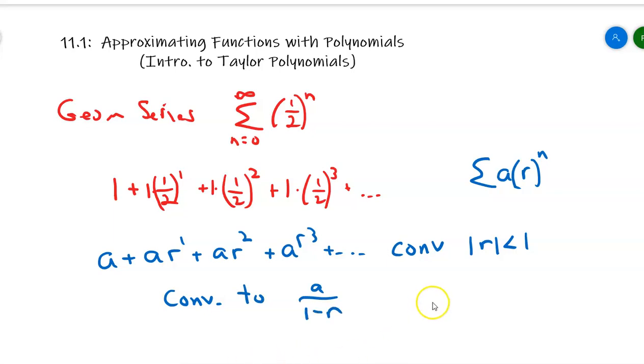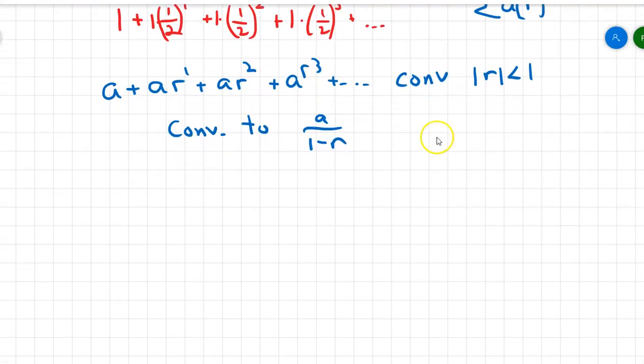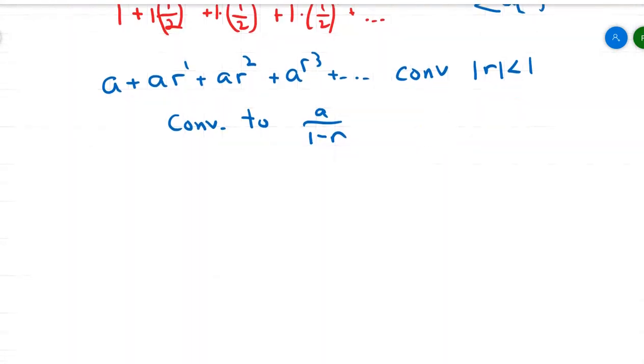All right, let's take this idea and kick it up a level. And that is, I'm going to come along here and I'm going to replace all my r's with x's. And I'm going to let a equal 1. All right, so now using this formula up here, what do I end up with? I end up with 1 plus 1 times x plus 1 times x squared plus 1 times x to the third plus 1 times x to the fourth.